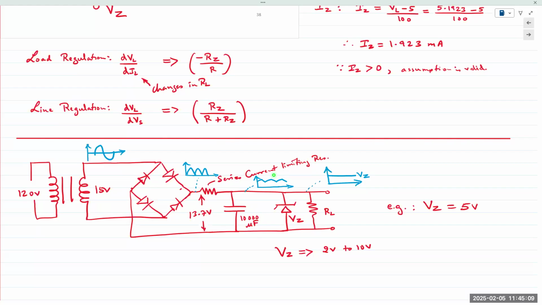That's line regulation. Now, if your load changes value, that's load regulation. Yes, load voltage is the cathode. So line regulation is fluctuations in the input voltage, and load regulation is fluctuations in the load resistor.